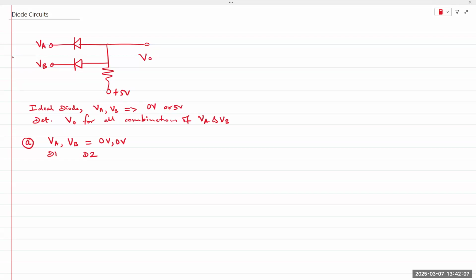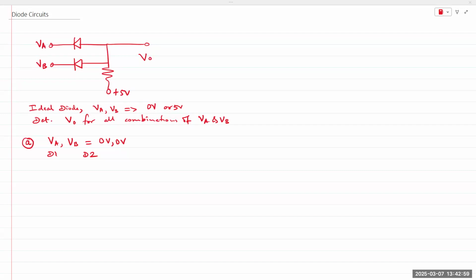So again, the analysis steps remain the same for any kind of diode circuit. What do we see here?